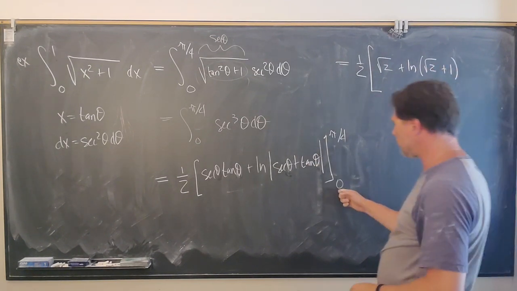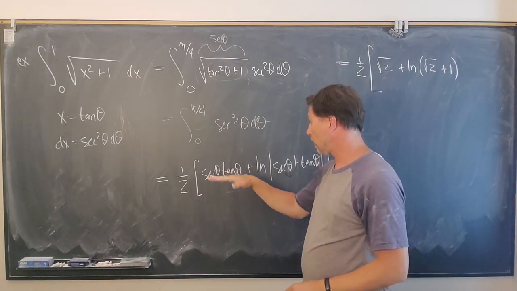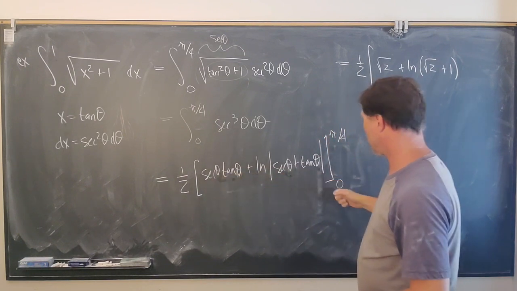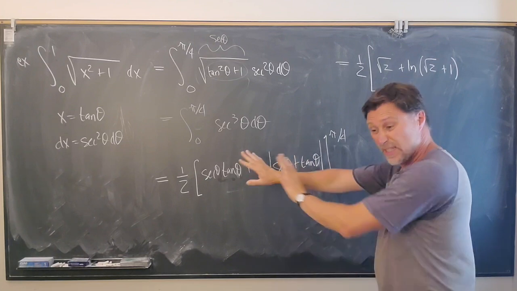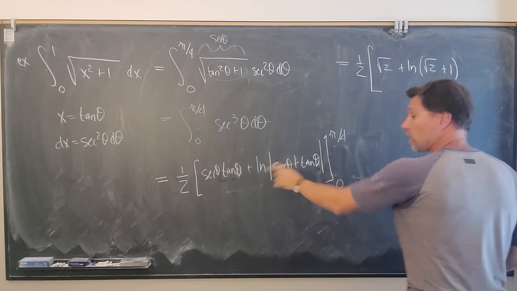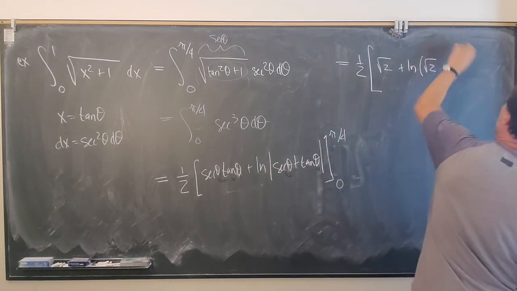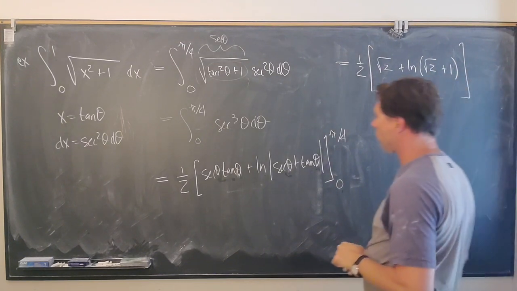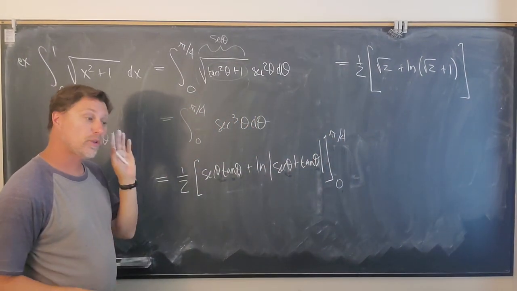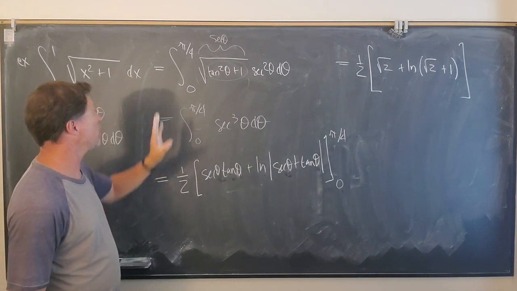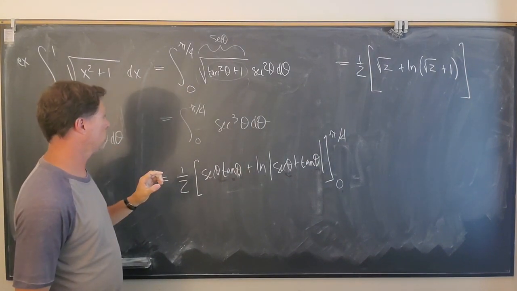When I plug in 0, I'll get natural log of 1 plus 0. So that's 0 all the way through, right? Because natural log of 1 is 0. So there's the answer.